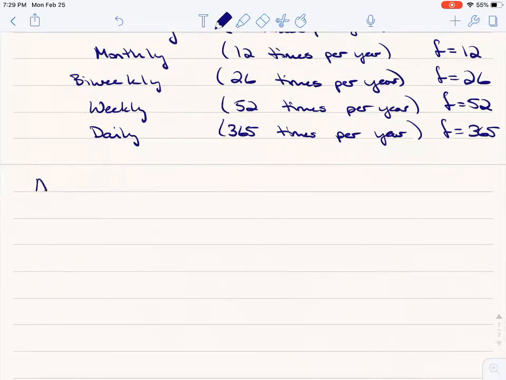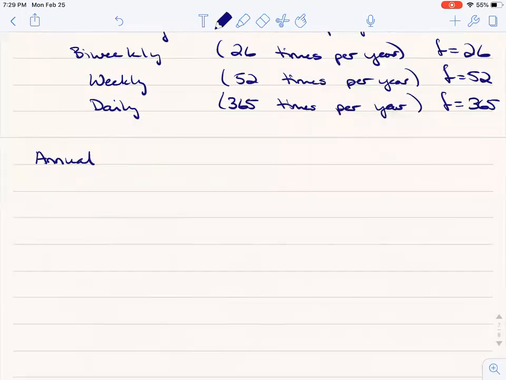Moving on. The annual interest rate is still going to be R. But what you'll notice is that now that we're compounding at some frequency, we're going to have a periodic interest rate as well.